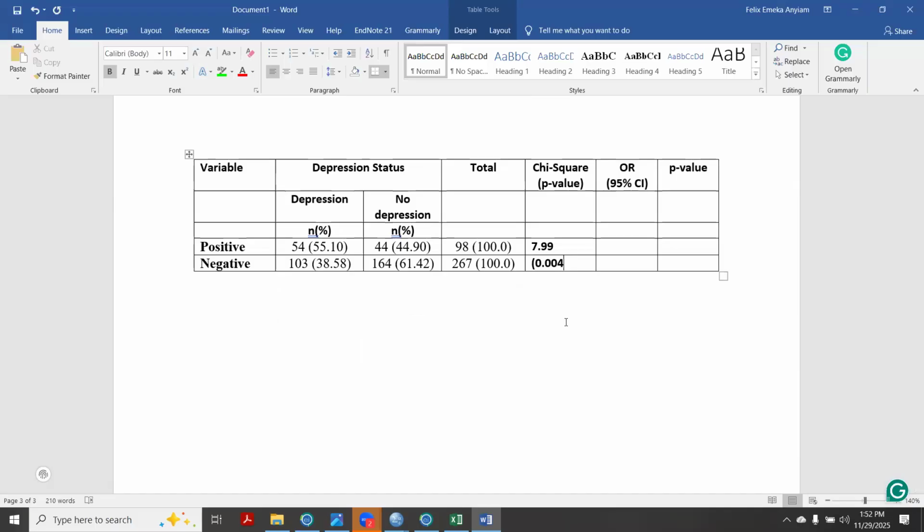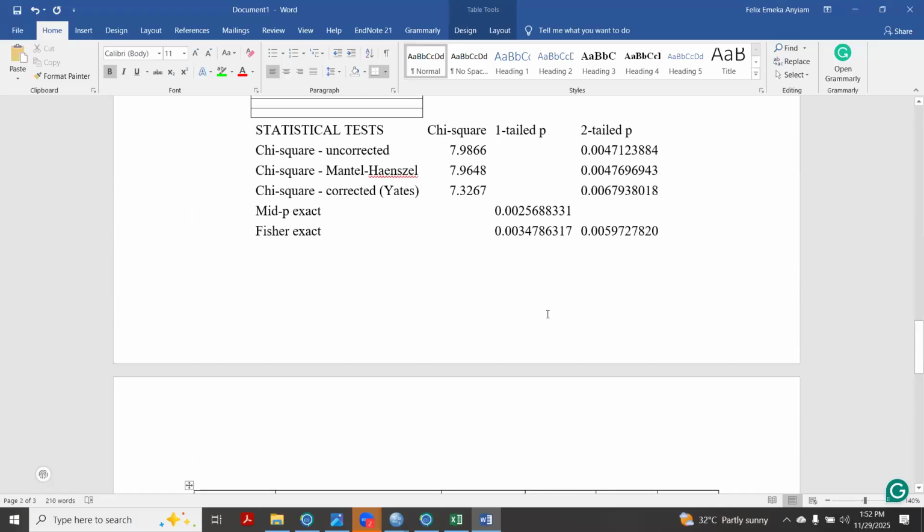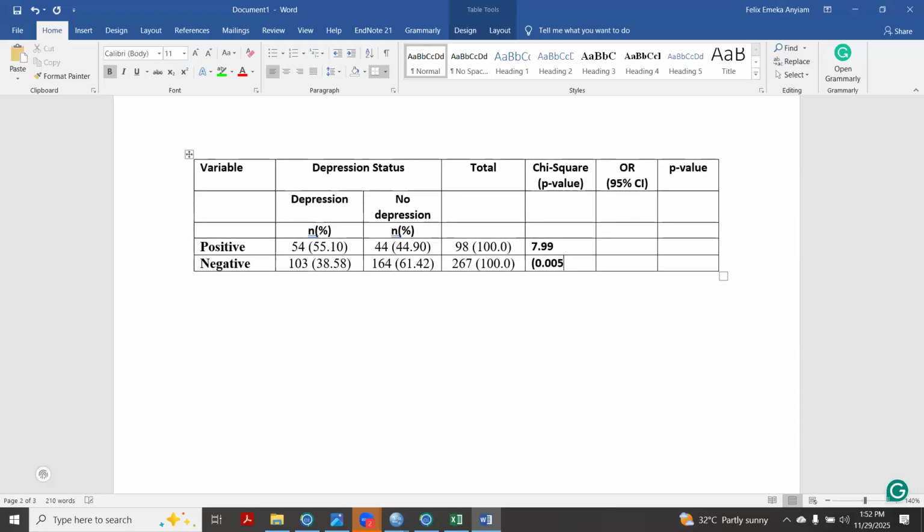It's usually three decimals. Since I have 47, then it can be 0.005. It's 3 decimals, it's fine. I can put an asterisk to show that it's statistically significant. Then P is less than 0.05.